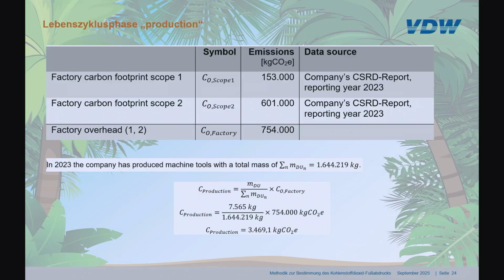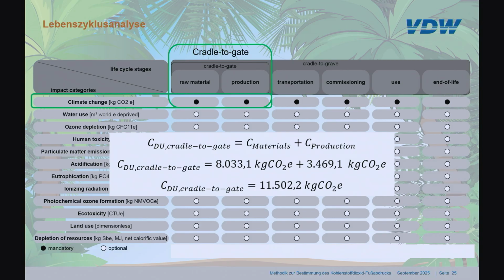That's determined in the CSRD directive, and you've got that number. Those are all of your emissions in the company for an entire year, and now you just distribute that to the number of machines you manufacture that year. You can do this allocation either by means of weight or by means of productive hours, or you can do it in monetary terms.